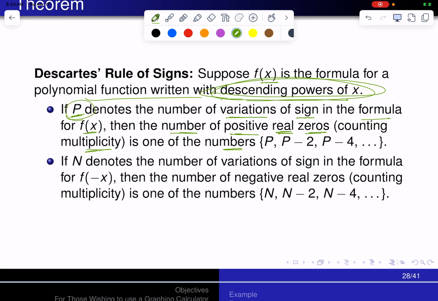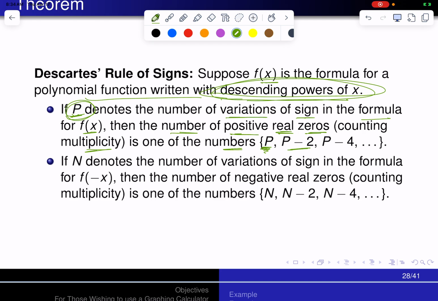It could be whatever P is, the number of sign variations. Let's say there are 3 sign changes. Then the possible numbers of positive real zeros are 3, then 3 minus 2, which is 1. You go until you can't go any further, because once you get to 0, you stop. So it'd just be 3 and 1. When we do an example, it'll make sense in a second.